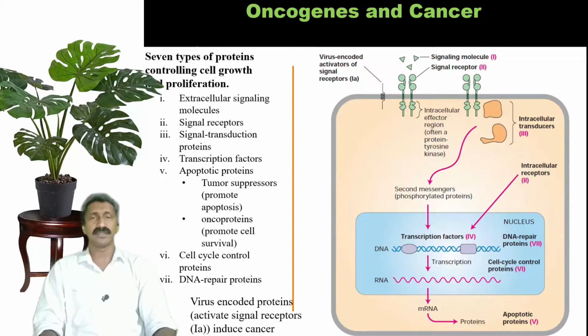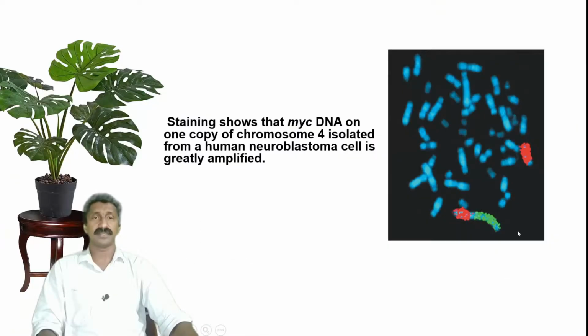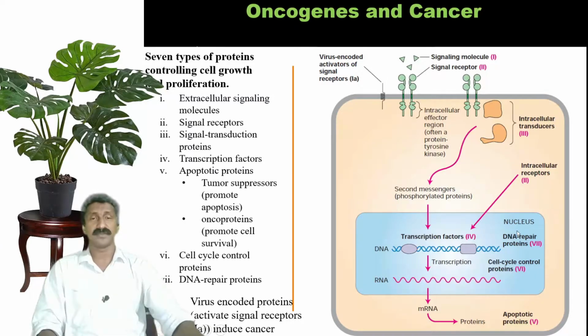So all these things are decided by the cell cycle control proteins. Then DNA repair proteins. If there are some errors in the DNA replication process, then DNA repair proteins will repair that error, and subsequently that error will be rectified.